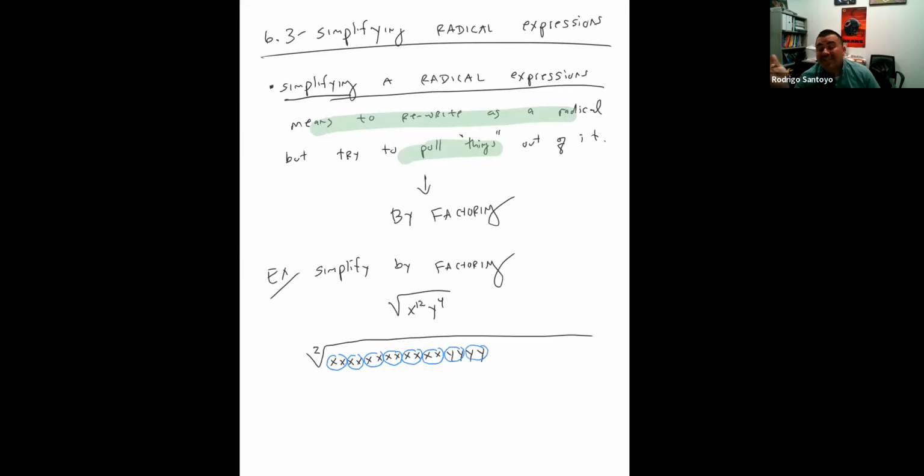Circle 2 of the same things, and for every 2, we just write it one time.